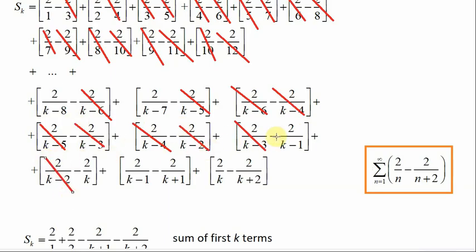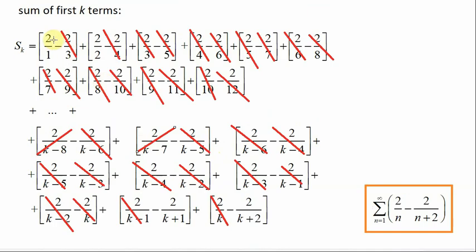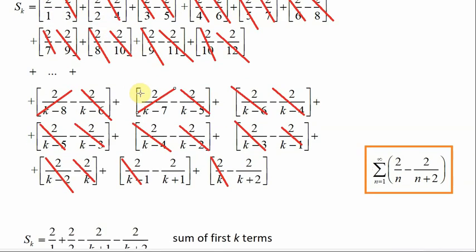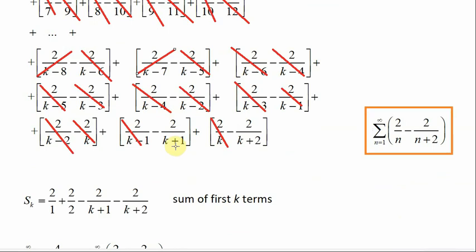So eventually these terms right here will drop out, and of course these will also drop out. And so what's left is 2 over 1, 2 over 2, 2 over k plus 1, 2 over k plus 2. This is the sum of the first k terms.